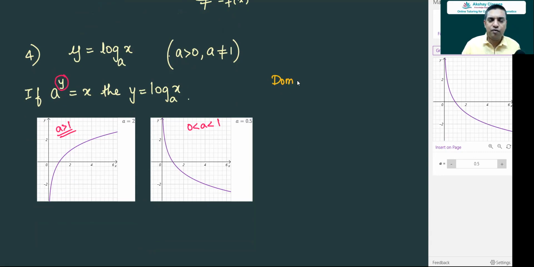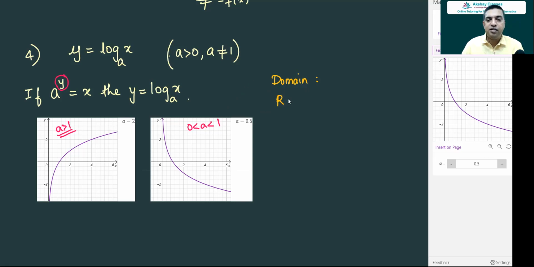Now tell me the domain and range. I'll deal with log functions in detail when we do general aptitude. Those fundamental logarithm type problems I'll do there. I will not go into that depth now. We'll just go more from a calculus point of view.